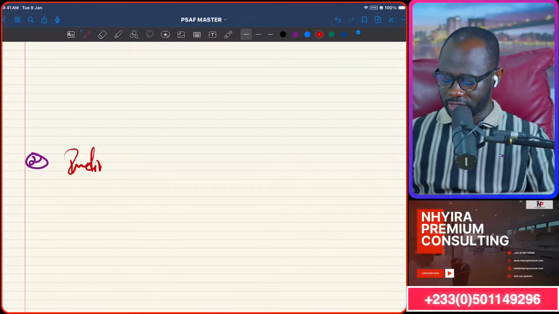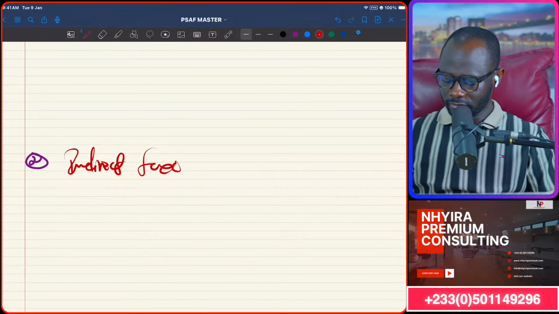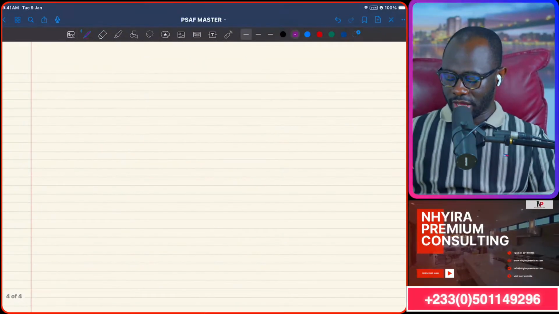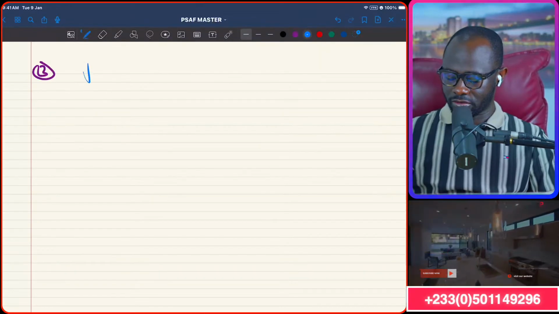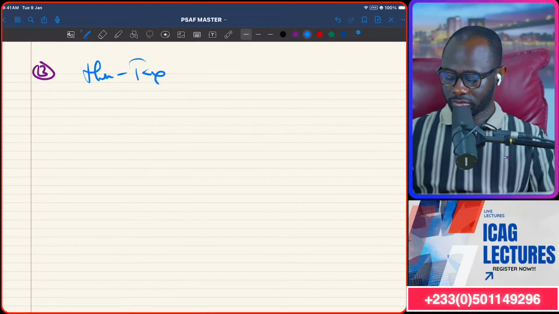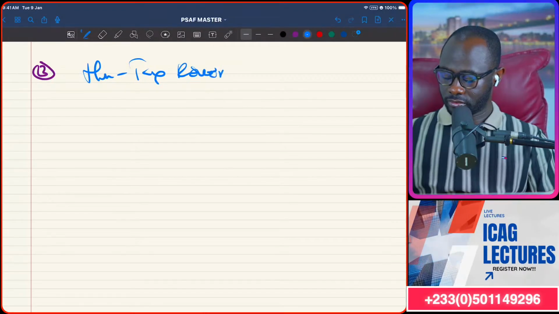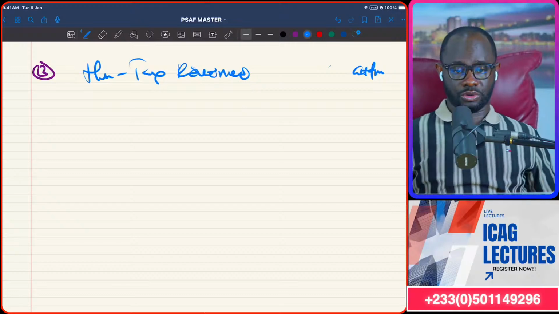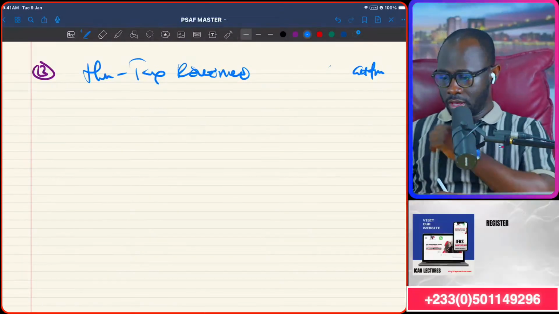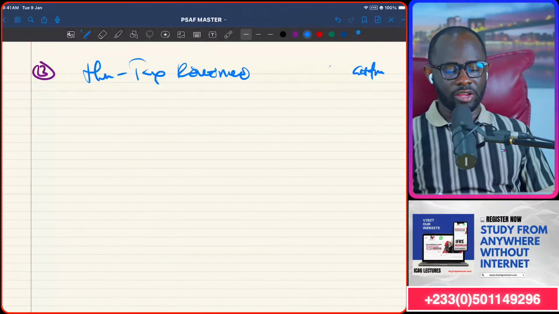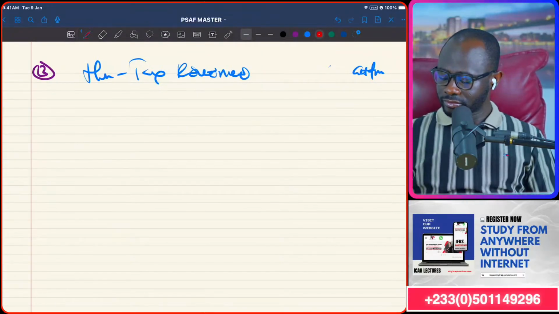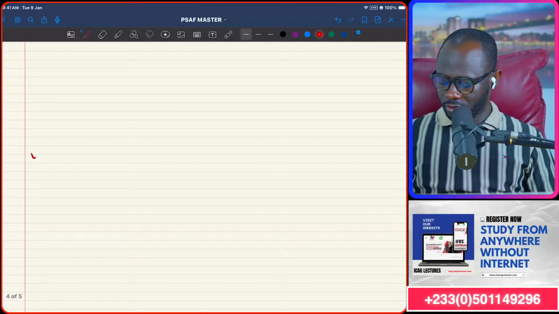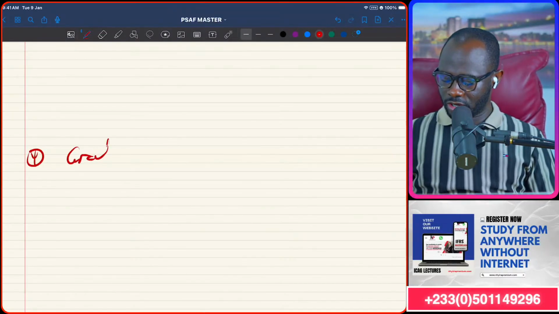So indirect taxes will be my workings 2. I'll go to workings 3 to be non-tax revenue. At least these 3 guys will be usual things when it comes to the revenue side of things there. Then we can go to workings 4, grants and donations.